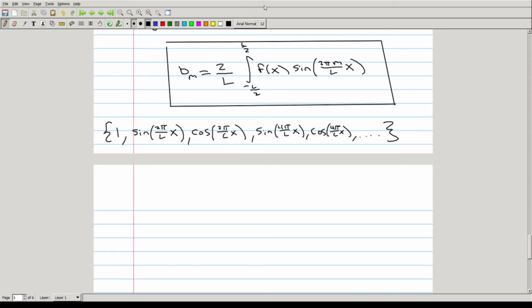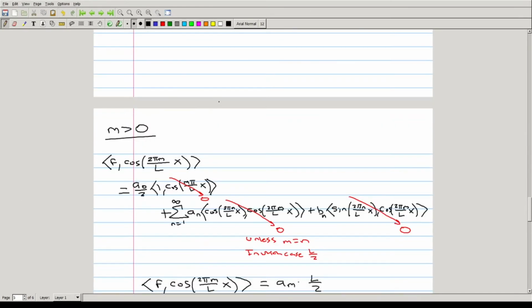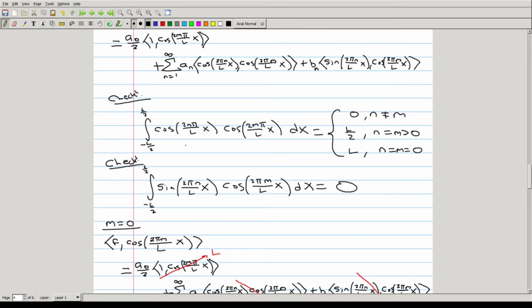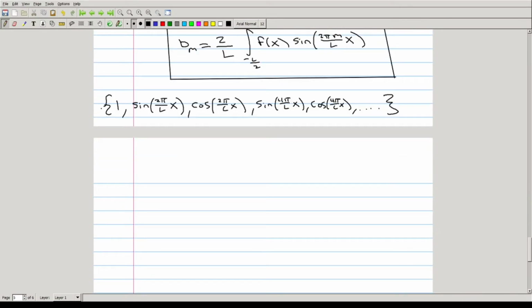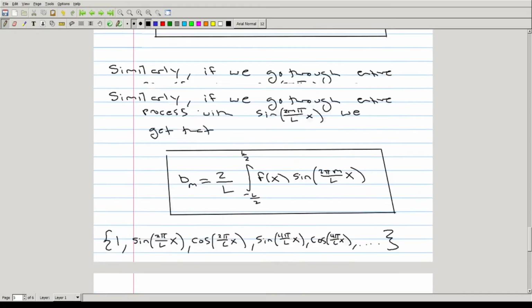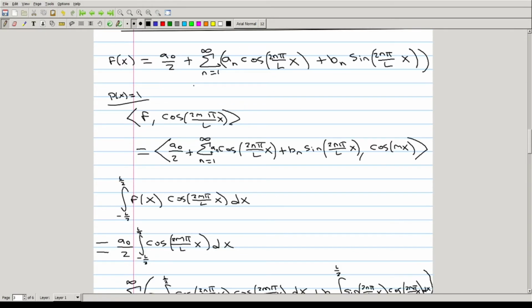And by calculating these integrals right here, we're showing that these functions are orthogonal in the function space. And not only that, these functions are being used to find the best expansion for a function f.